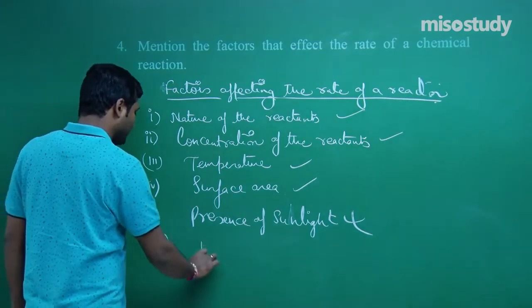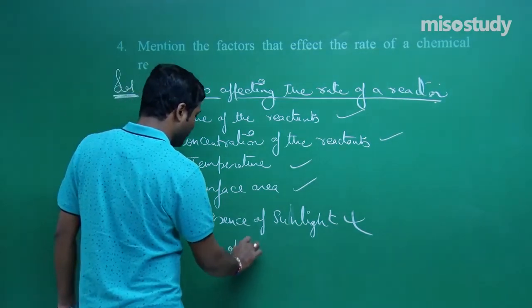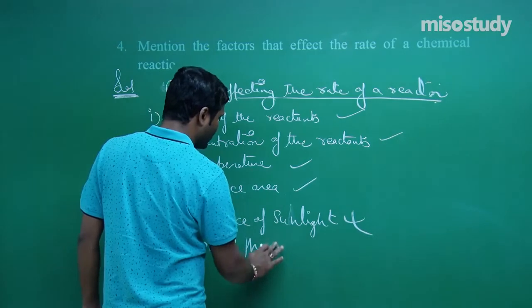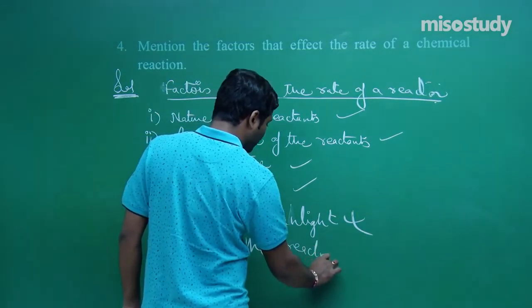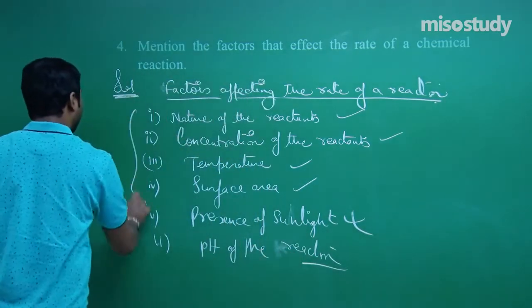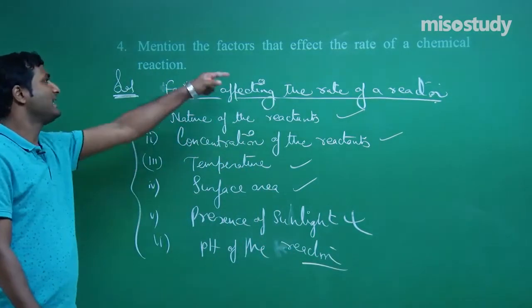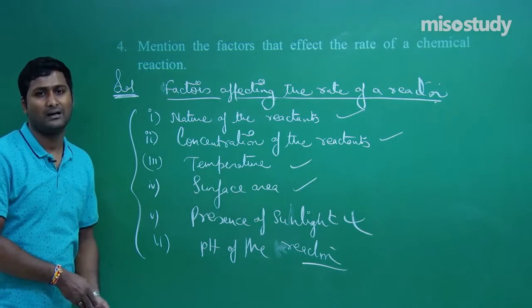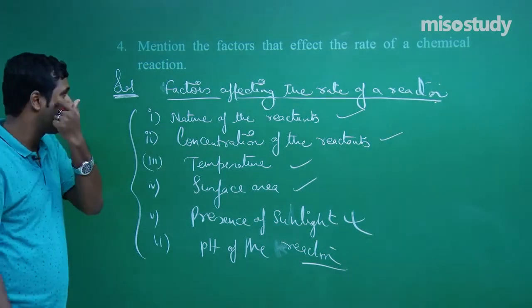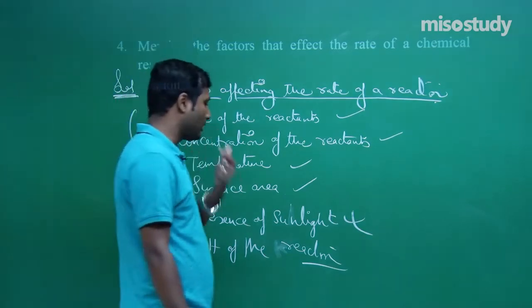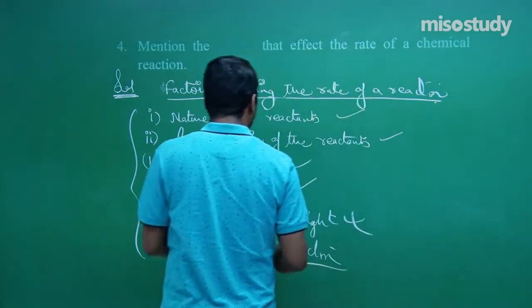And the last one is pH of the medium, or you can say pH of the solution, or pH of the reaction. In similar terms we can write. These are the following factors that decide the rate of a chemical reaction, my friend. Am I right? Yes sir, you are absolutely right, and this will definitely help you a lot. Now I am going to rub this part and we'll discuss the next question.